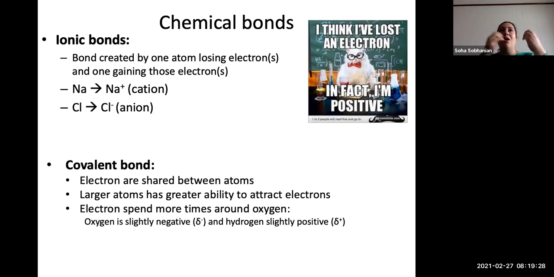So it's a matter of gain and loss of electrons. The chemical bond, that glue that we keep talking about, is formed because one atom is losing its electrons and the second atom is picking up those electrons.